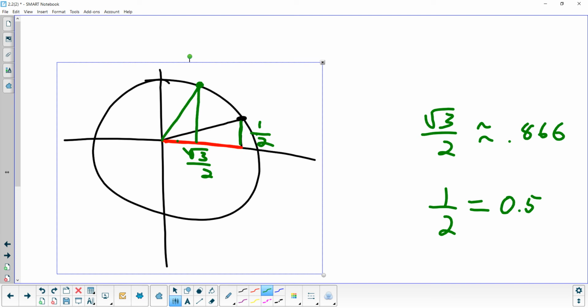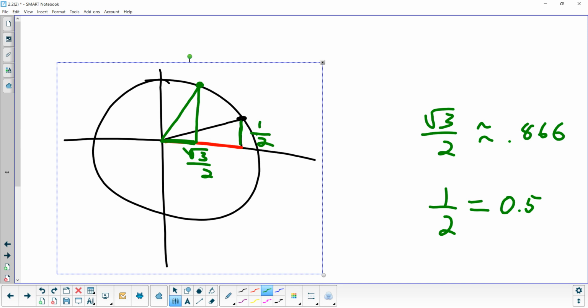Now the short side is right there. The shorter side is always the 1/2. The longer side is always the root 3 over 2. So if you ever get mixed up which one is which, try to draw a diagram and find where the short side is. That's your 1/2.